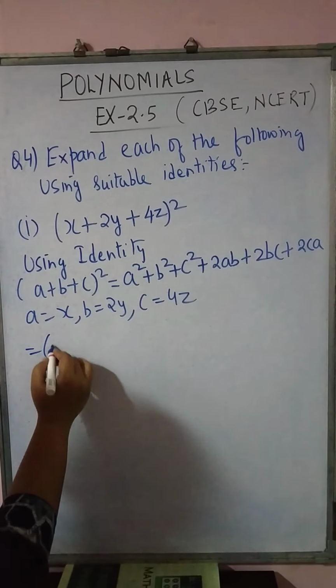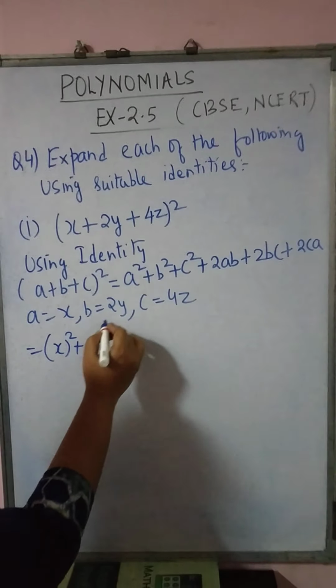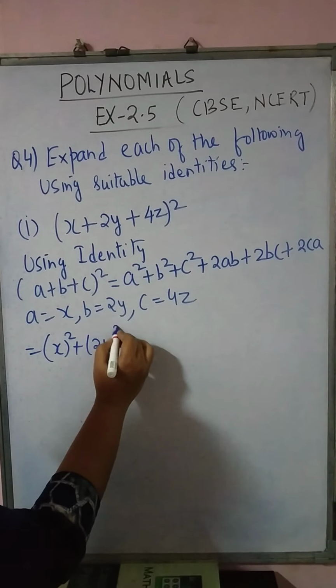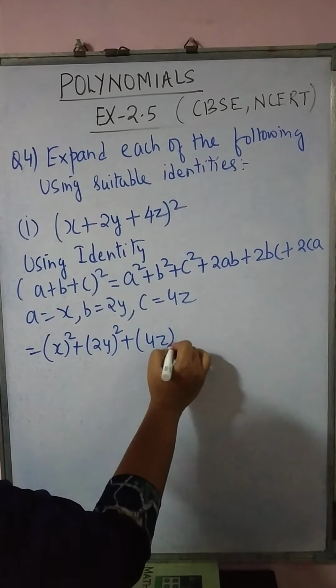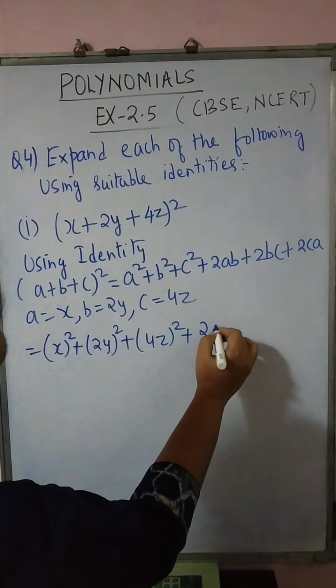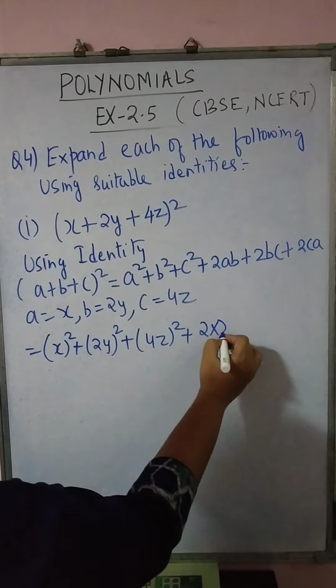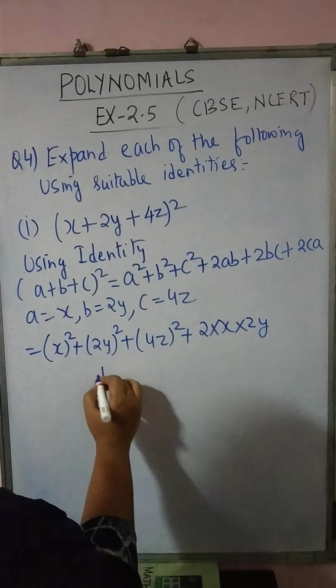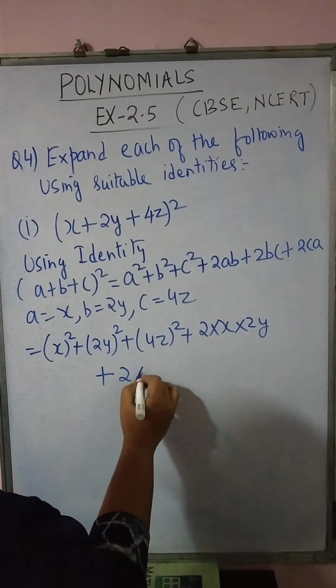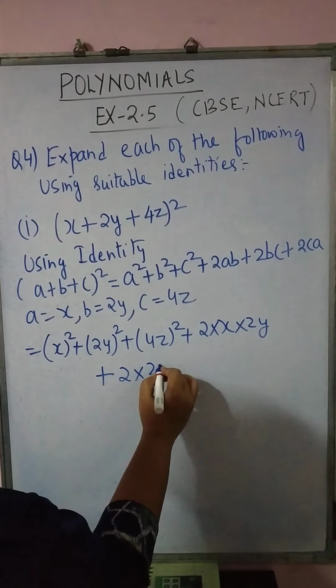So a square means x square, b square means 2y whole square, c square means 4z whole square, plus 2 into what is a? x. What is b? 2y. Plus 2bc, 2 into what is b? 2y.